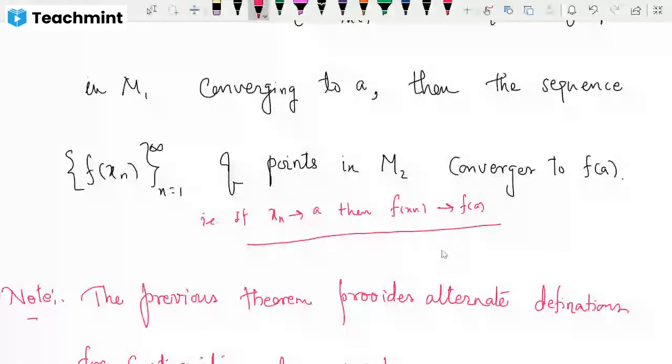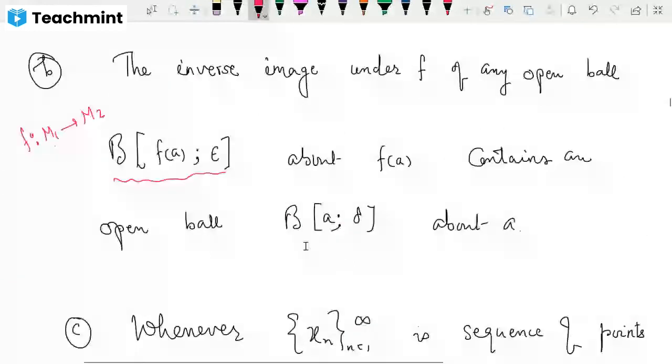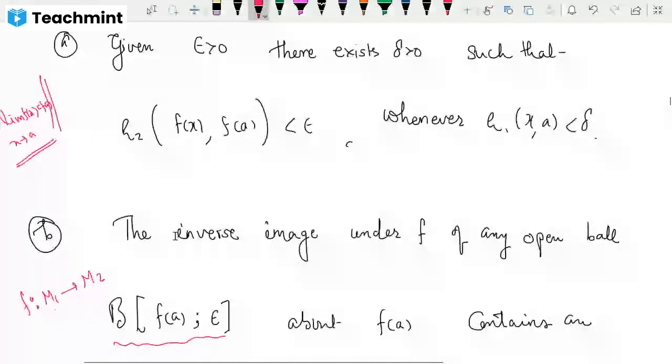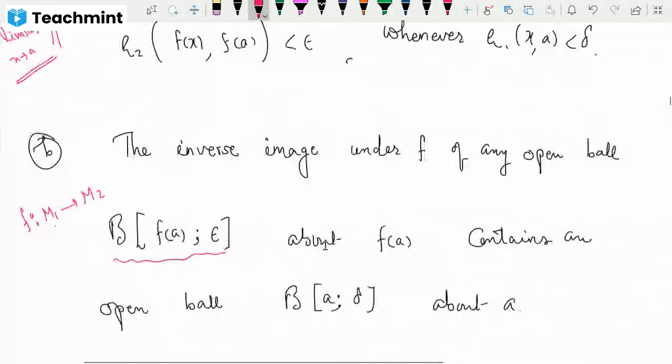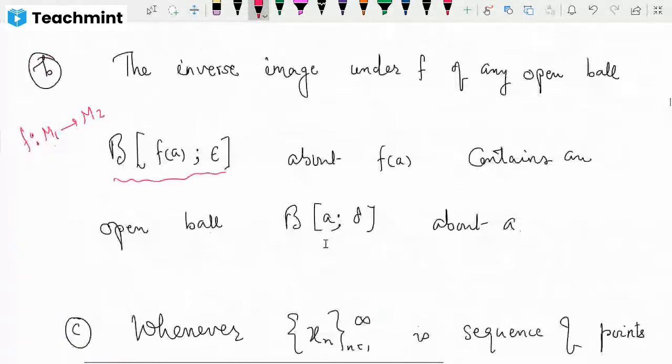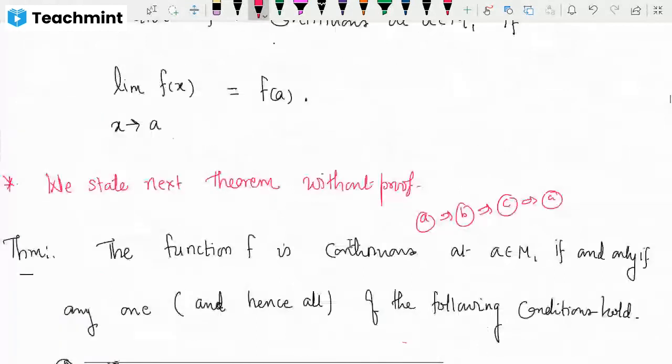It means that if A is true, then B and C are true. If B is true, then the remaining two are true. Or if C is true, then A and B both are true. These three, A, B, and C, are simultaneously true, so these three are alternate definitions of continuous function at point a. You can consider these statements as definitions of continuity.